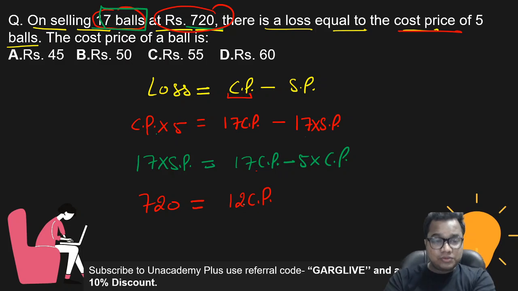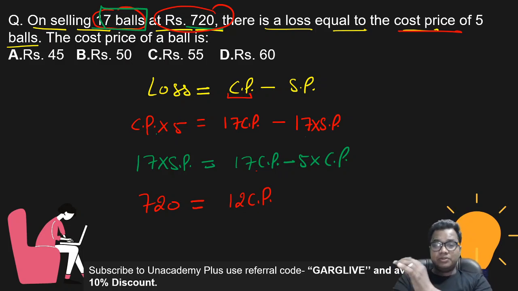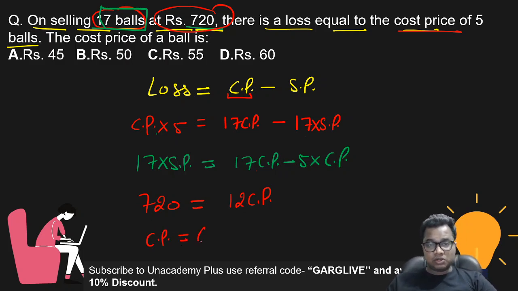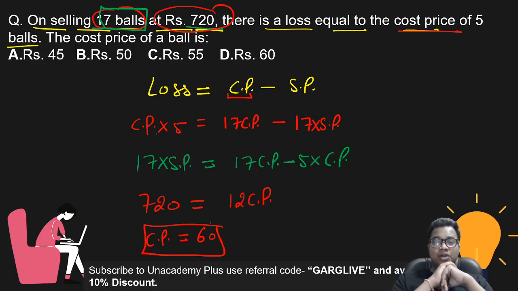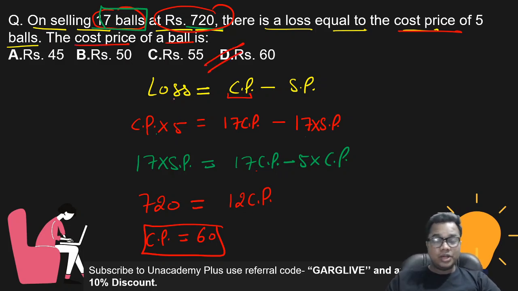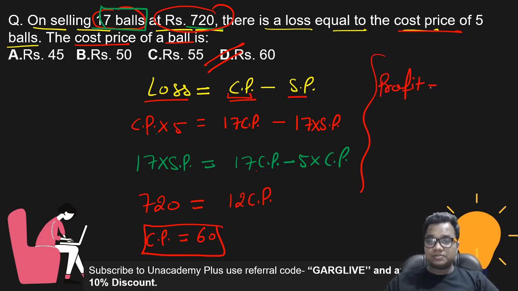So the value of 12 CP is 720. Then the value of CP will be 720 divided by 12, which is 60. So the CP of one ball is 60 rupees. That's the answer. If you want to calculate loss, it is CP minus SP, and if you want to calculate profit, the profit is selling price minus cost price. That's the process.